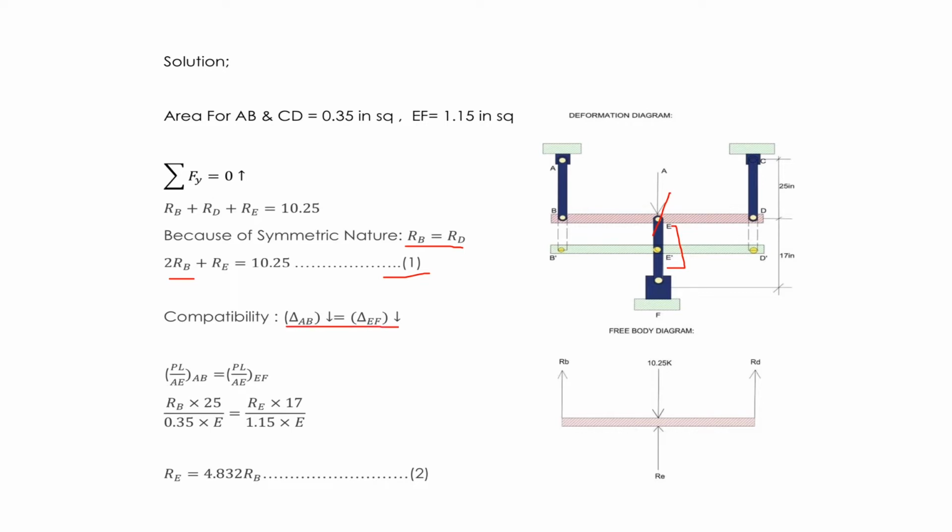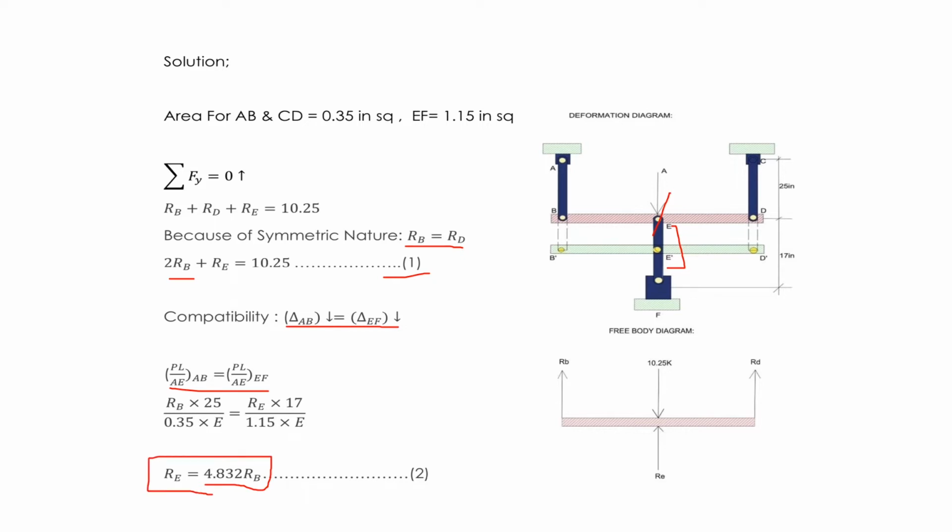So we have to find the values of RE and RB. We use the formula PL over AE times AB equals PL over AE times EF. We substitute all the values here, and then we get RE equal to 4.832 RB, let's say in equation 2.